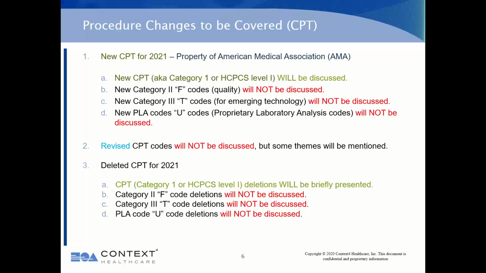I will not discuss Category 2, 3, or PLA code changes, so I won't mention changes of codes ending in U, T, or F. Nor will I discuss mid-year 2020 CPT additions, with the exception of a few COVID-19 related codes that were added on or after mid-October 2020. There were many 2021 CPT revisions. I will mention 4 revision themes as well as some revisions that impact new codes, but I will not discuss most revision details.